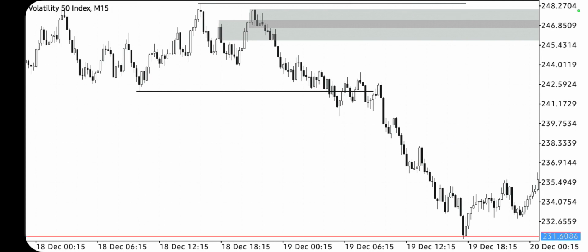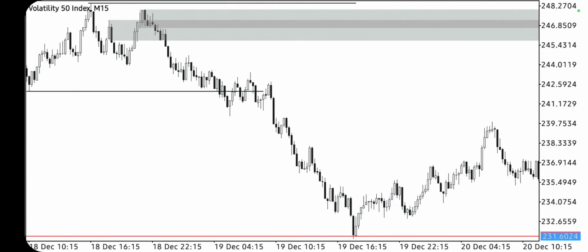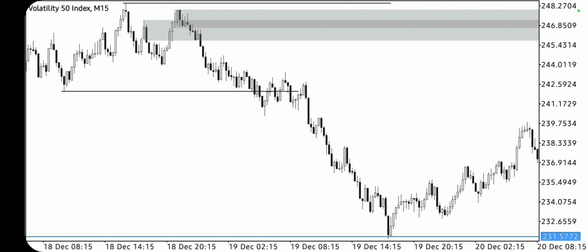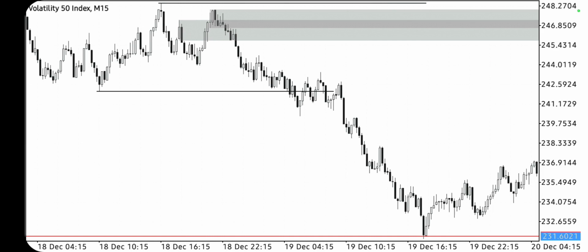And in the cases that the market uses secondary point of interest, that is when we have an impulsive movement to the downside, when we have distance and momentum. When we have distance and momentum, the market is liable to come and use the secondary point of interest because of the distance and momentum.